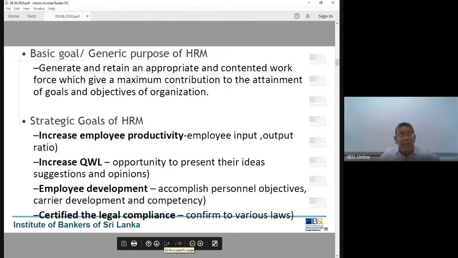And now look at it. In order to achieve the generic purposes of HRM, we must have strategic goals of HRM.